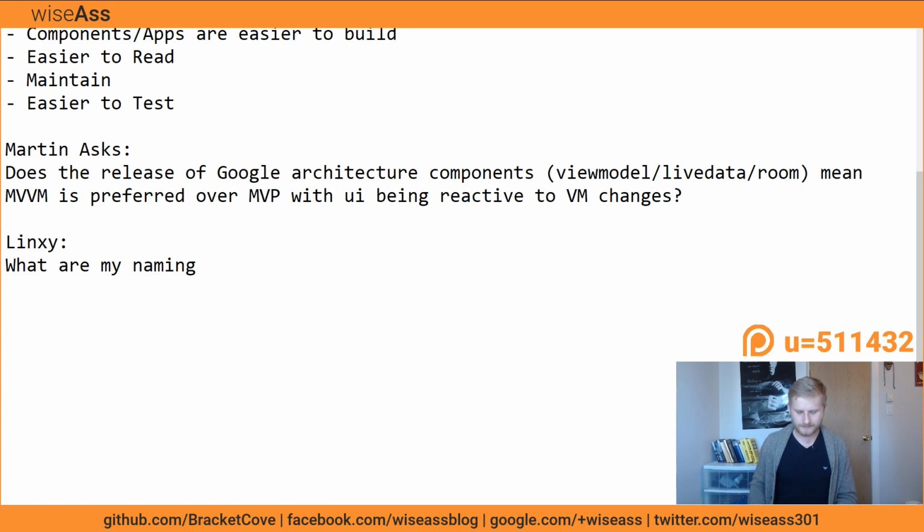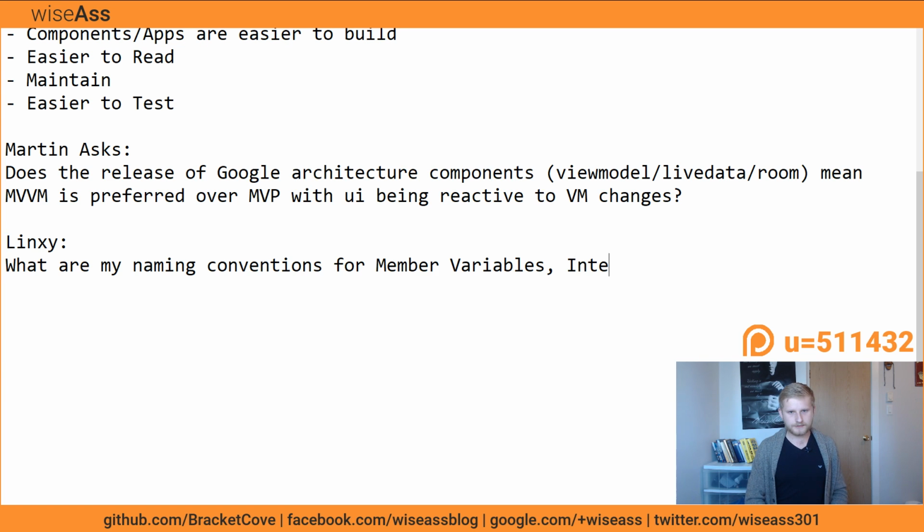See, I normally type with the keyboard on my lap, so I'm screwing myself up. What are my naming conventions for member variables, interfaces, and what was the other thing? Implementation? And their implementation.